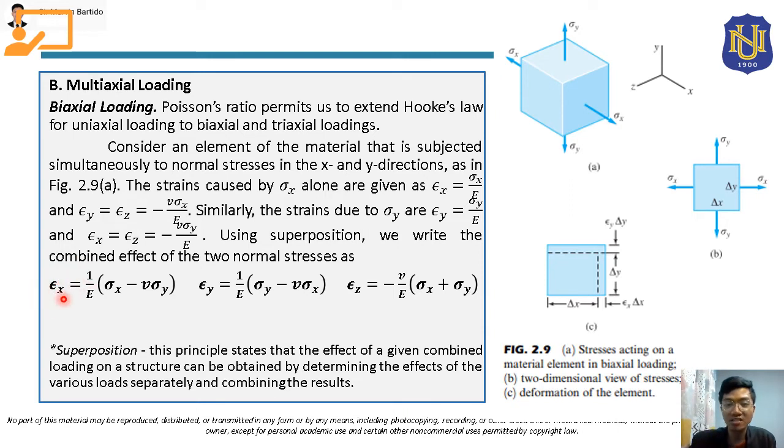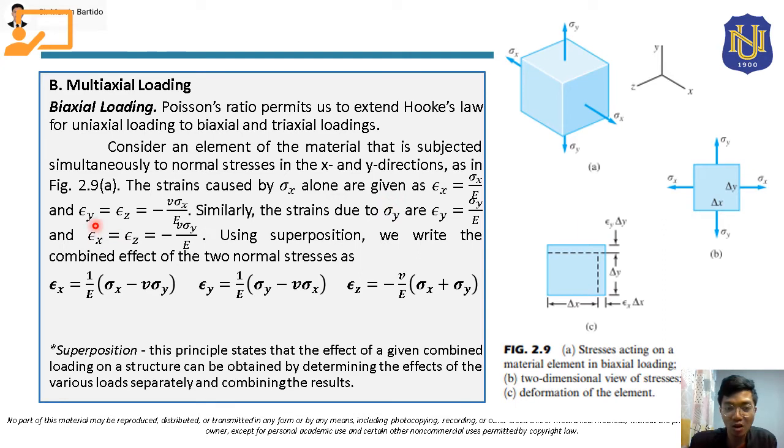We can write that the total strain in the x direction will be the strain caused directly by sigma x, which is sigma x over E. Then we also combine the epsilon x due to the normal stress in the y direction.